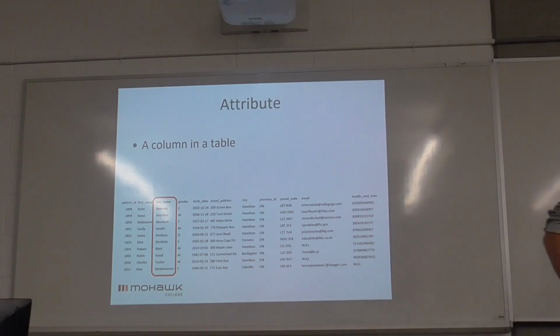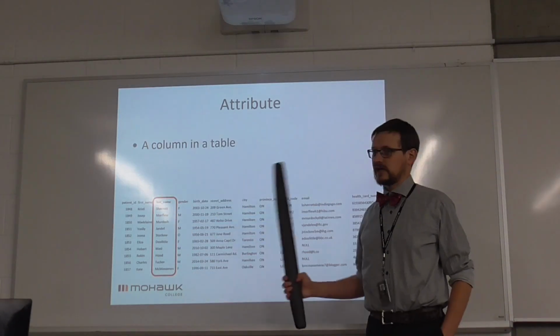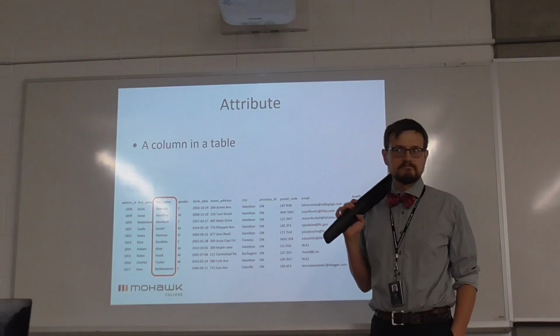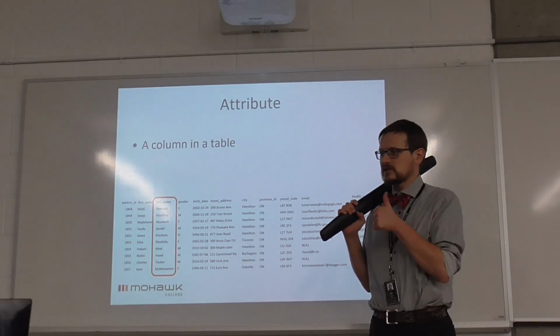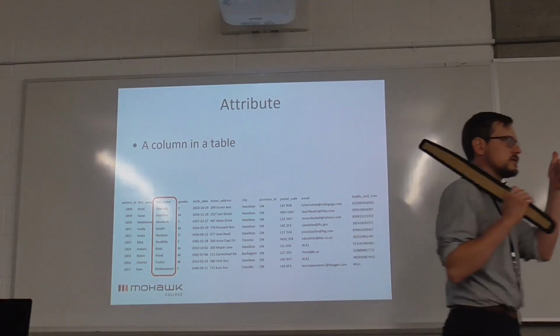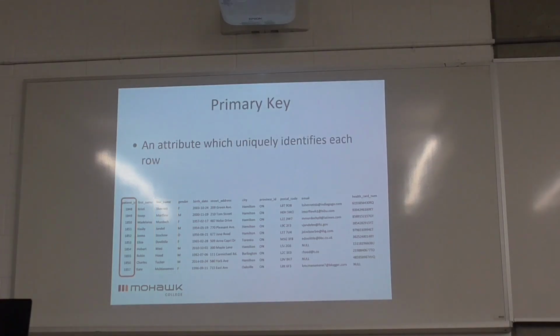When you declare an instance variable in an object in Java, you're saying, okay, all objects of this type probably have this property, right? The attribute in the table is a similar kind of an idea. Make sense? Still no questions? Yeah, good, okay.